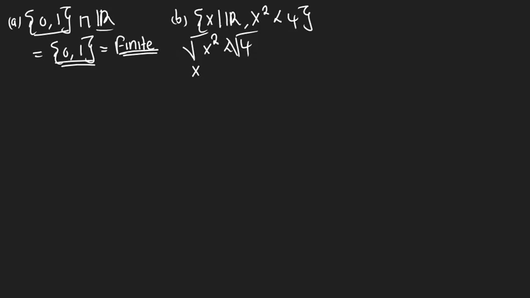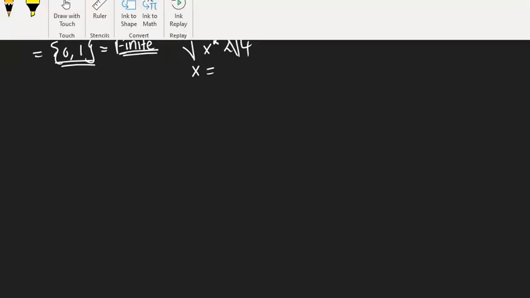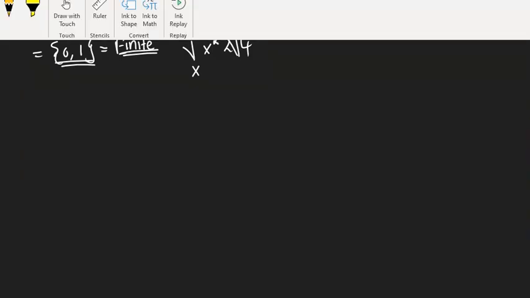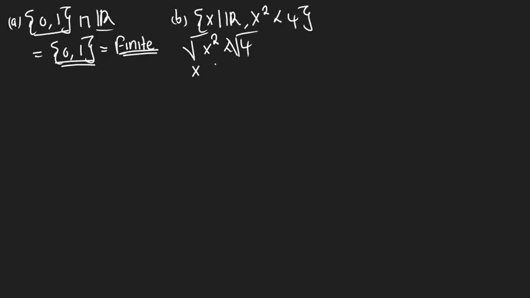If you find the root, you're going to get x between -2 and 2, which can also be written as [-2, 2]. This is interval notation. There are certain numbers in between -2 and 2 that you cannot count. Hence, this is an infinite set.